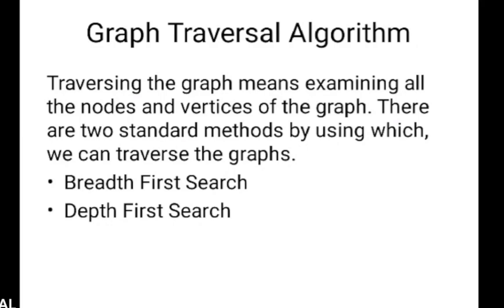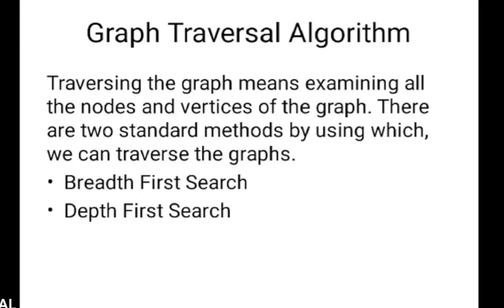As the name suggests, in case of breadth first, we go along the breadth, and in case of depth first, we go along the depth. You may notice that in case of a graph, there is no root as such. Like in the tree, you have a clearly defined root from where we start the traversal.